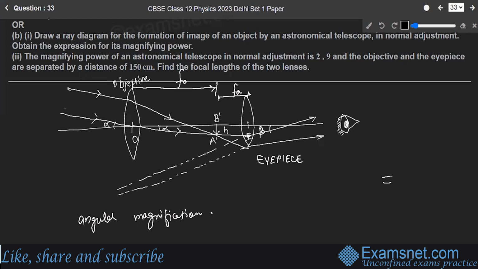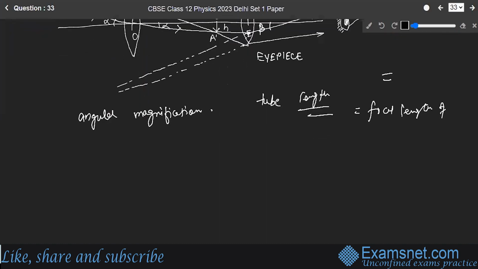This image is enlarged by the eyepiece, resulting in the final inverted image. The distance between the objective and the eyepiece, referred to as tube length, is the total of the focal lengths of the two lenses, so that their innermost focal points coincide with each other.